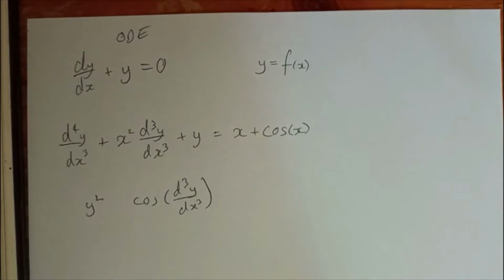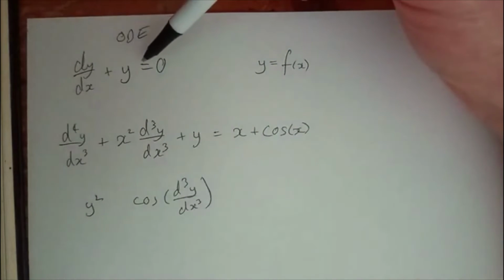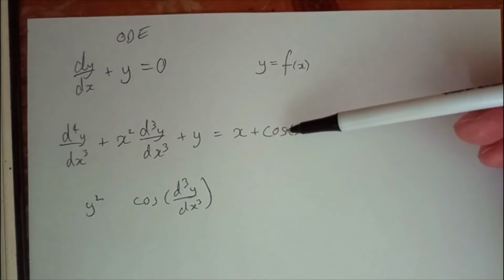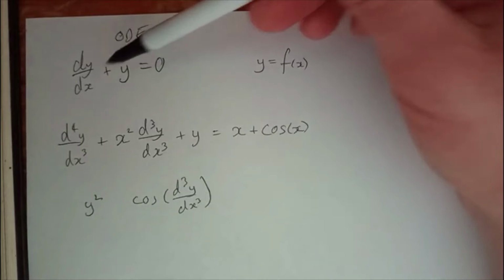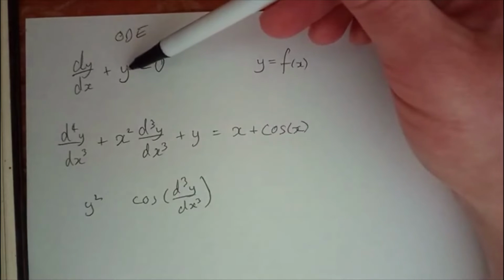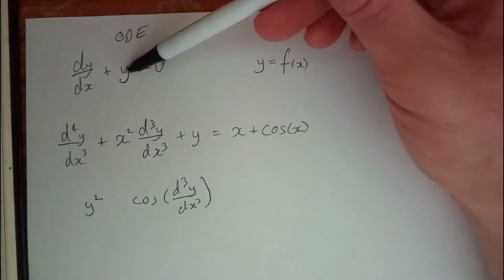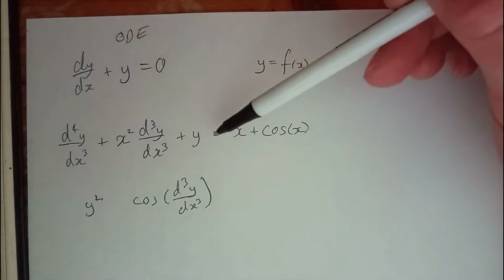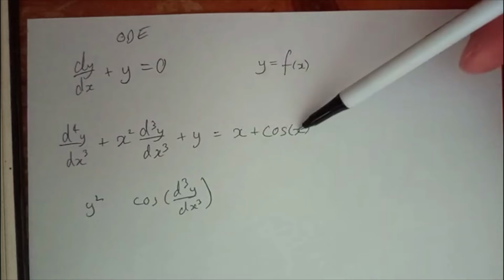This first one here is also homogeneous, and this one is non-homogeneous. This one is homogeneous because it only contains terms involving y or its derivatives. This one also has these other terms.